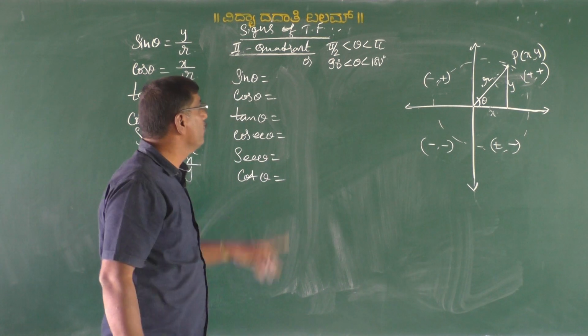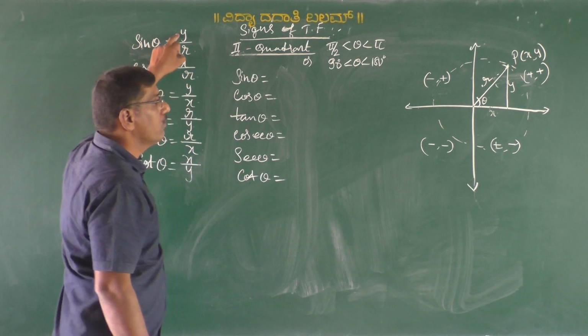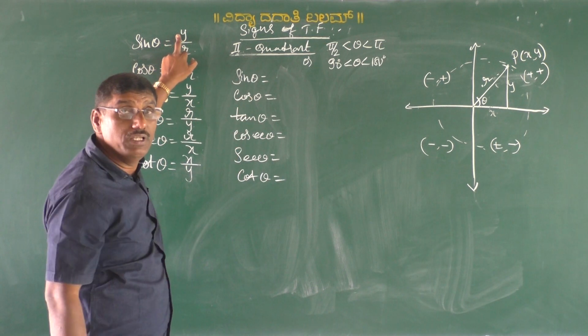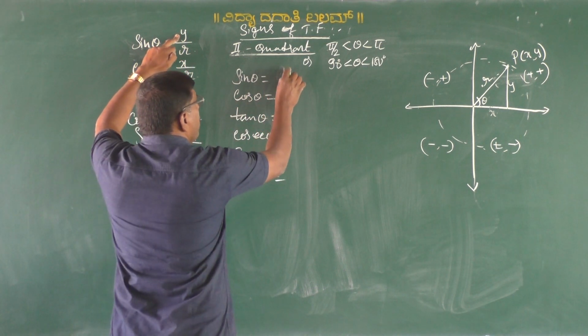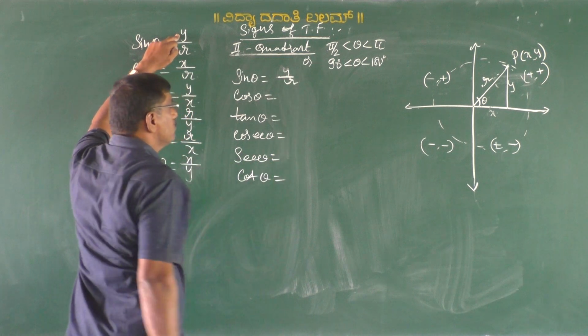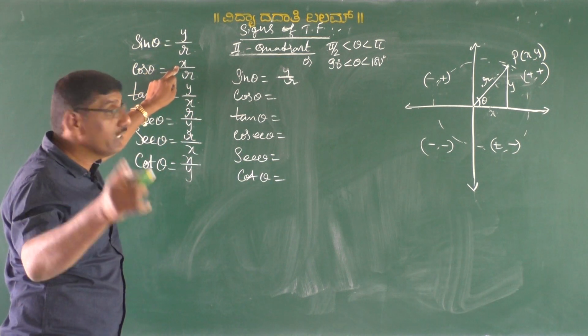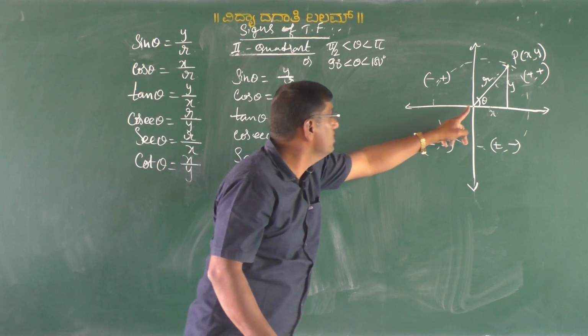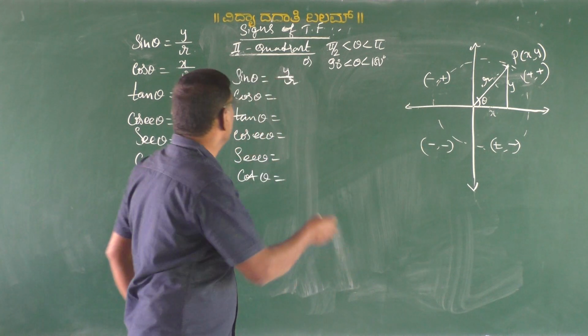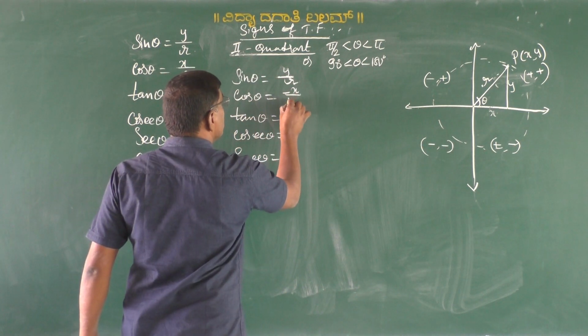From this, we can write sin theta: y is positive, no doubt, y by r. Cos theta: x is negative, that is minus x by r.